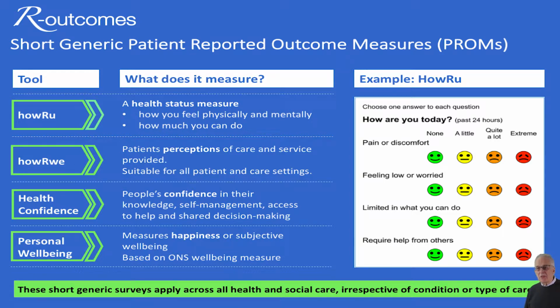And the personal well-being score is a measure of happiness or subjective well-being, and it's based on the Office of National Statistics personal well-being measure. And on the right you can see an example of the How Are You measure.